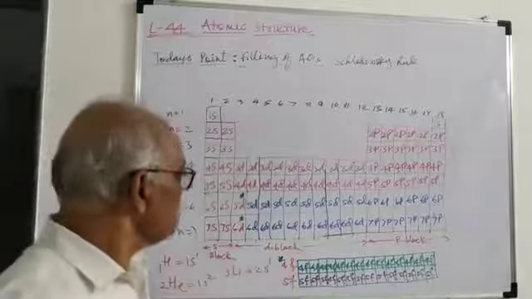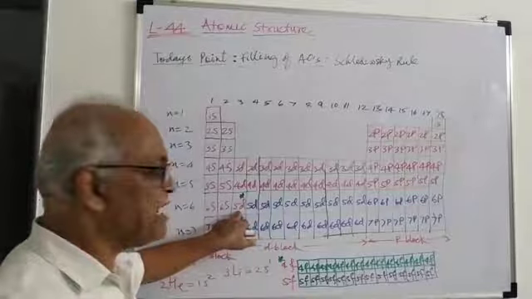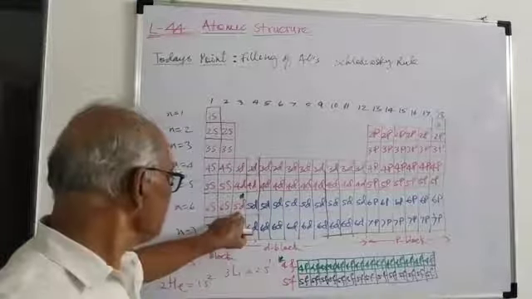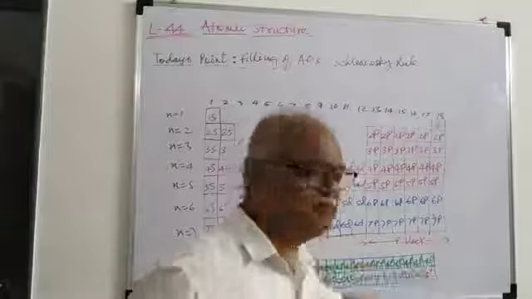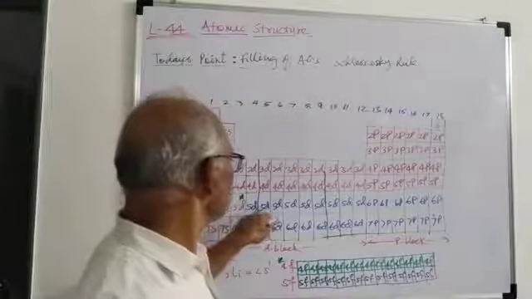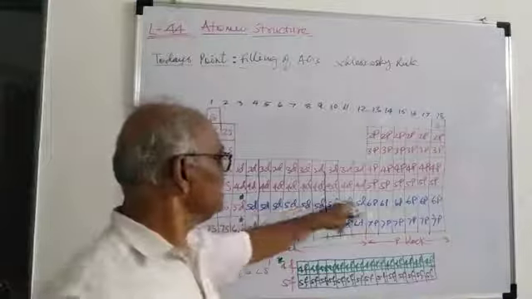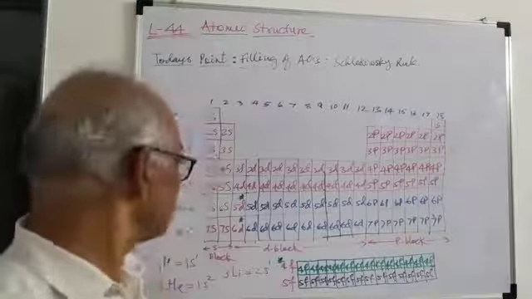And we have to consider here that 5d is just a beginning here, but the second electron goes into this 4f, and 4f is completed first. After this, the next electron goes into the next atomic orbital of this 5d. In this way 5d is filled, then again 6p is progressively filled.